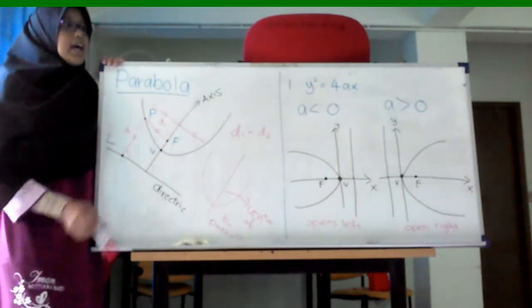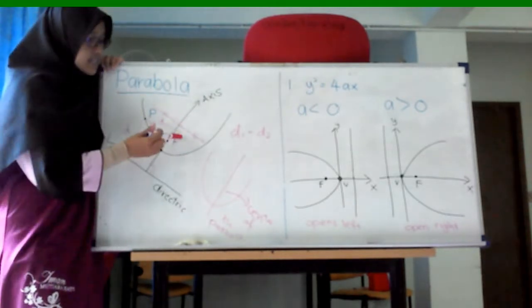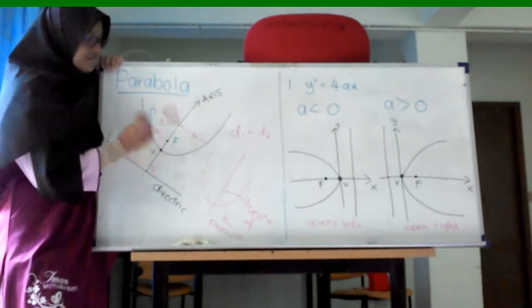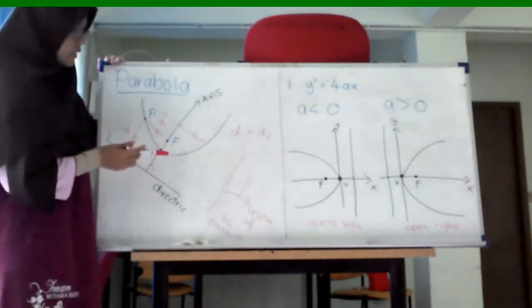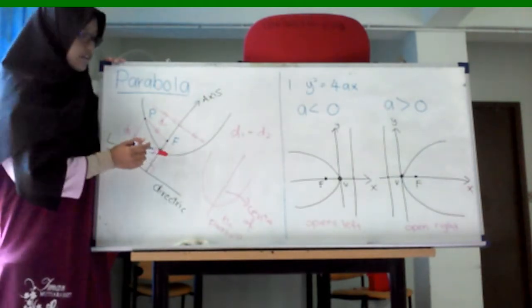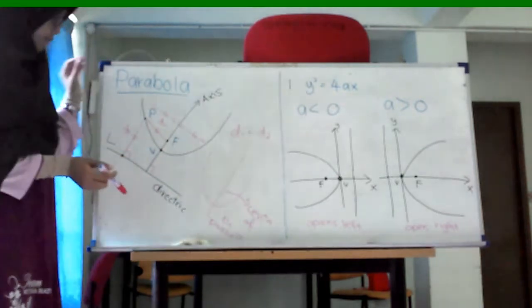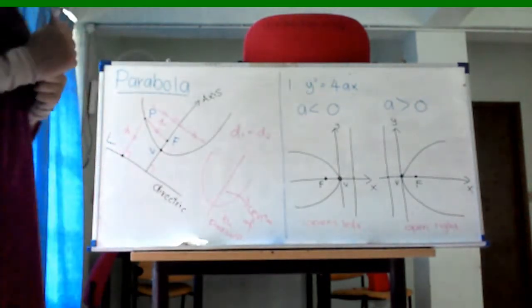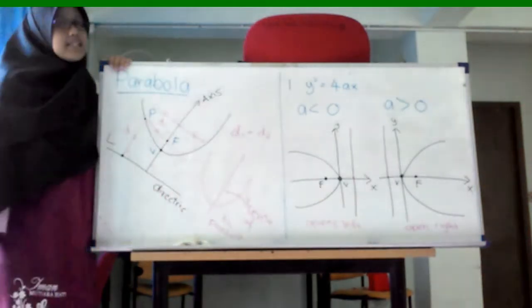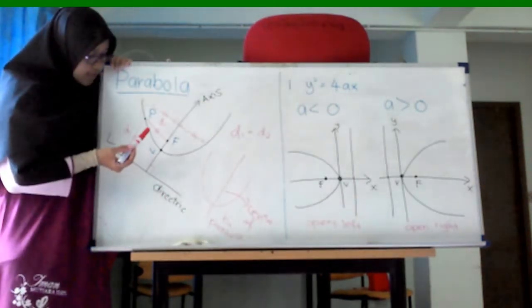As we know, the focus lies on the axis, and between the focus and the directrix there is one point that is called the vertex. As we know, the distances are equal, whereas D1 is equal to D2.